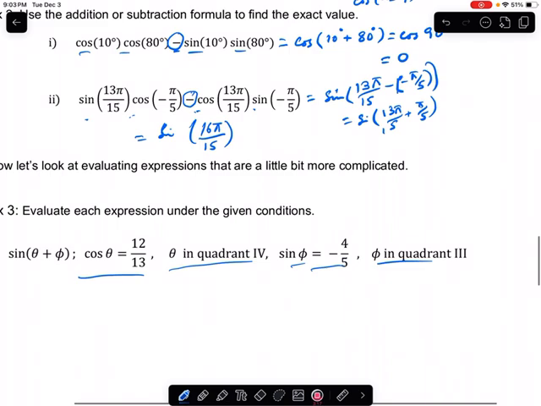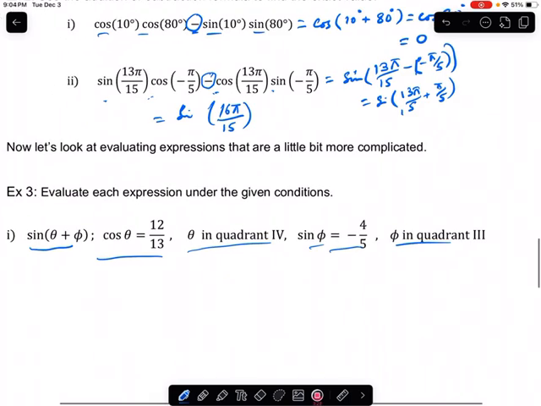Now we have to find sine of theta plus phi. Theta and phi are two different angles. So we start with sine of theta plus phi is equal to sine of theta cosine of phi plus cosine of theta times sine of phi.